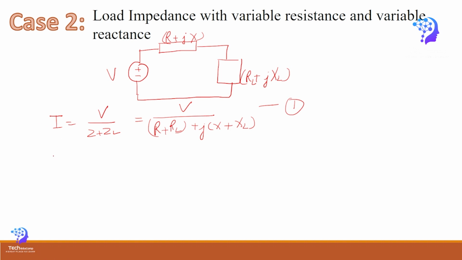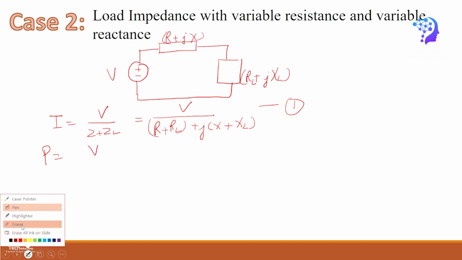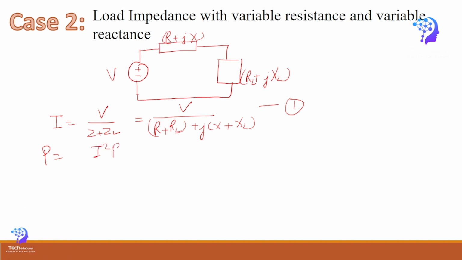So for maximum power, P will be equal to I square RL at the load.